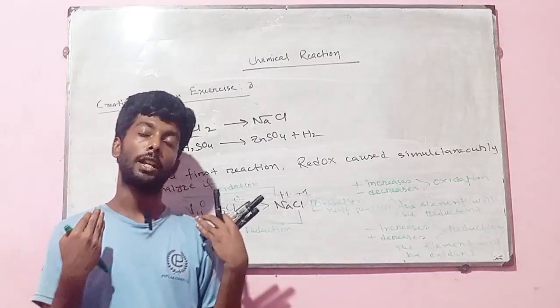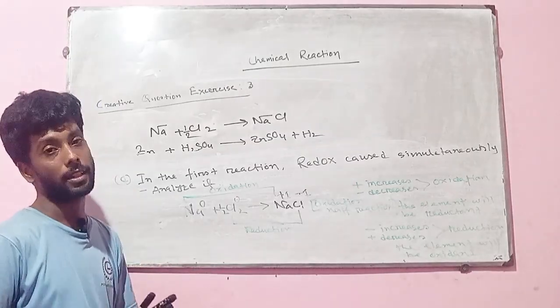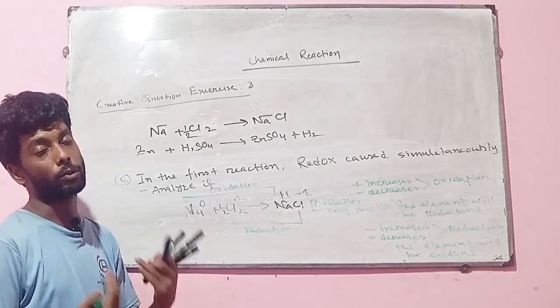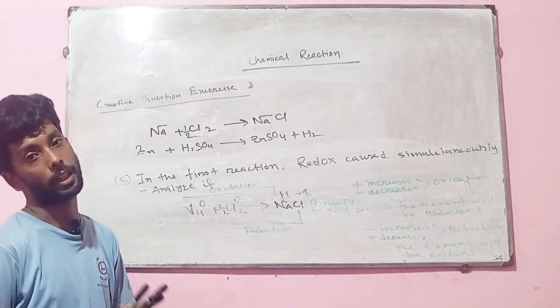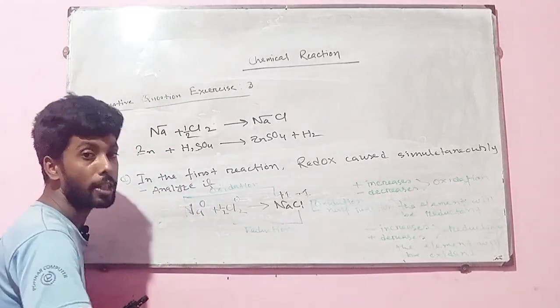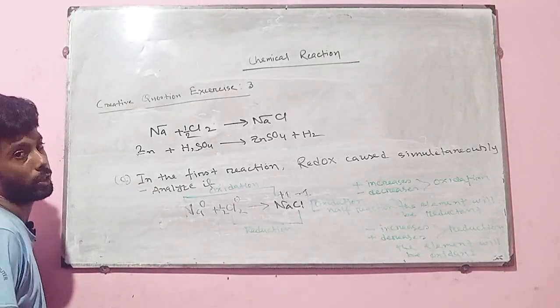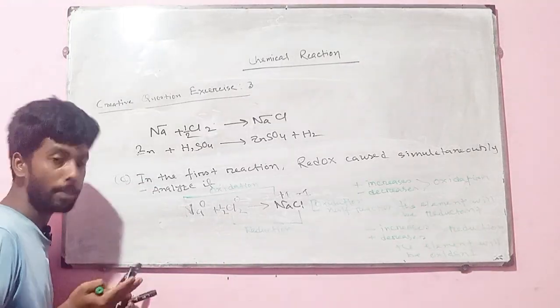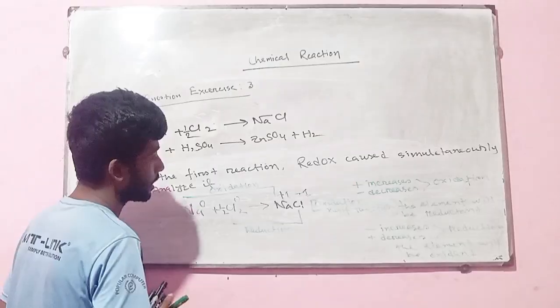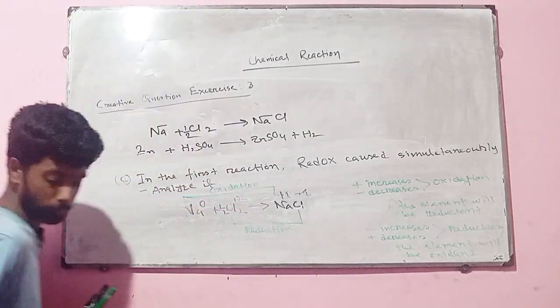As sodium is emitting electron, that is why we can say sodium is reductant, and chlorine is receiving electron, so we can say chlorine is oxidant. The process of emitting electron is called oxidation. The process of receiving electron is called reduction. Understand? So we will say oxidation or reduction half reaction now.